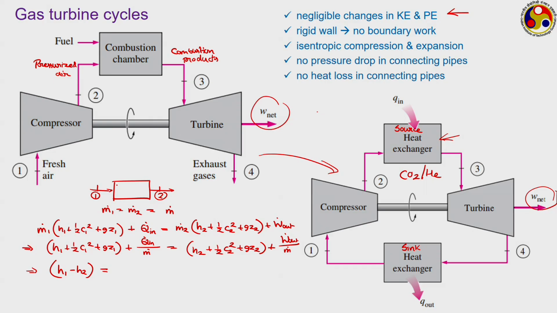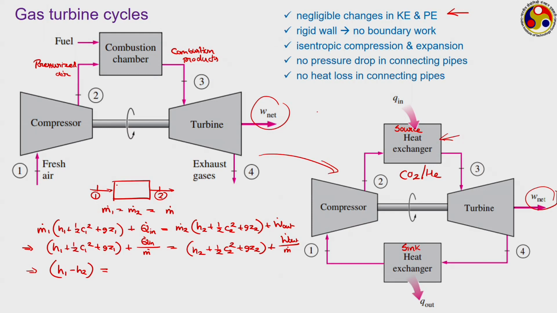So, we can almost say that C1 and C2 are nearly equal, Z1 and Z2 are nearly equal, and at least for gas turbine cycle this is not a bad assumption, because the changes in enthalpy can be several orders higher than the changes in kinetic and potential energies, and so it is a quite realistic assumption. So, h1 minus h2 plus small q in is equal to small w out.